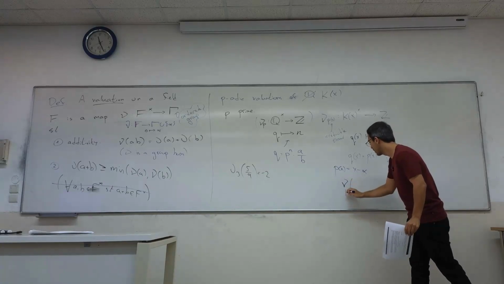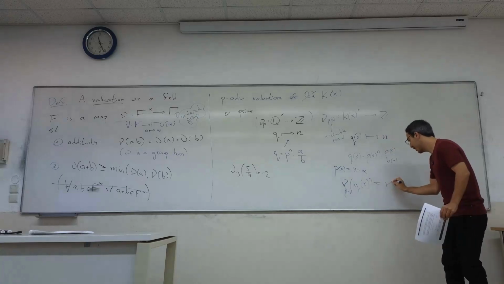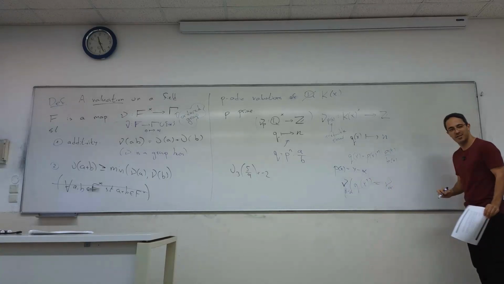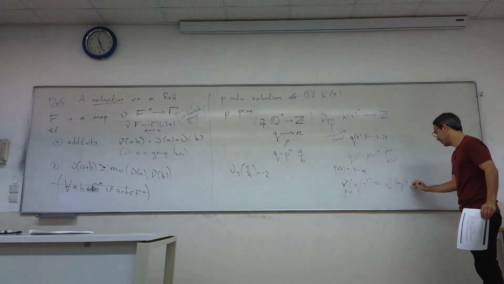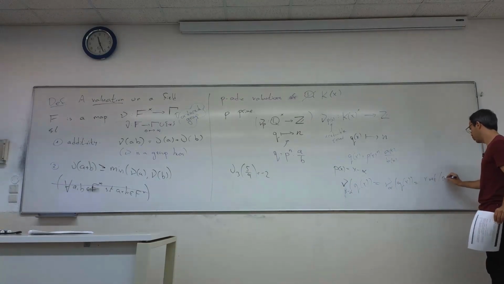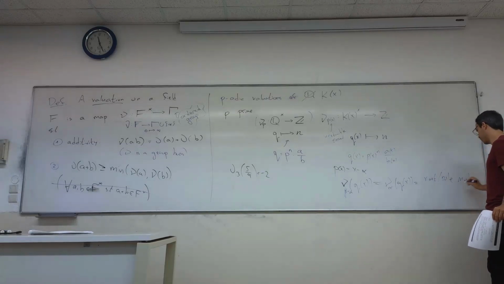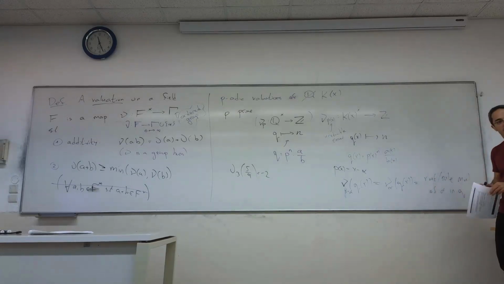So V_{x minus alpha} of Q of X, which we also write in this case as V sub alpha, is just the root or pole multiplicity of alpha in Q.